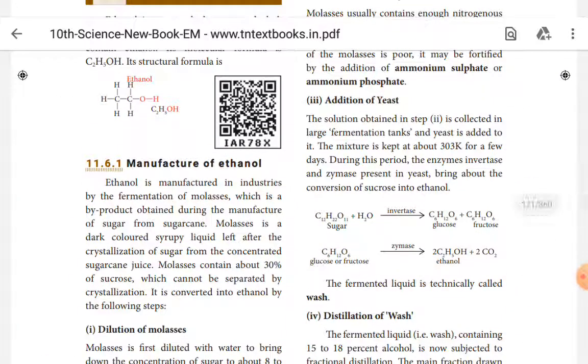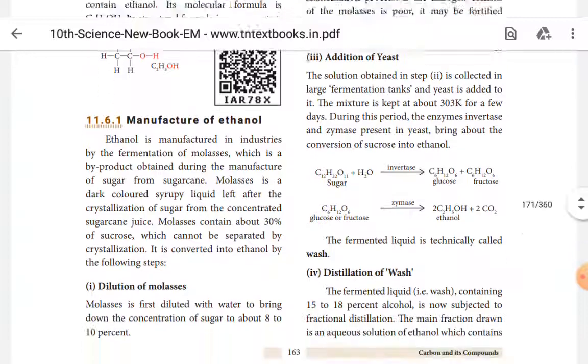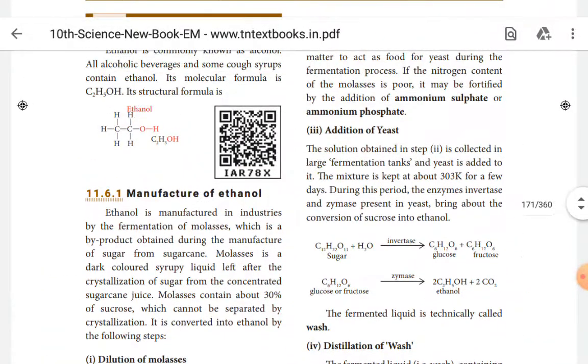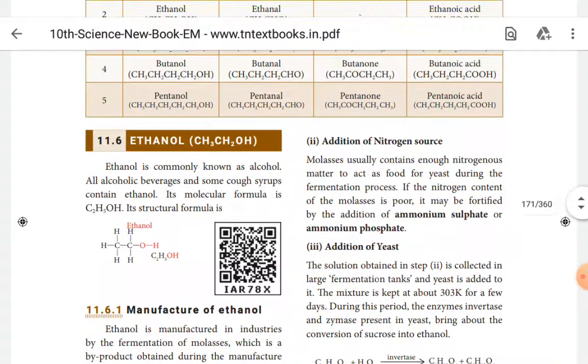First you should know the structural formula, what is called fermentation, what is sugar molasses, what is the sucrose content of sugar molasses, then dilution, converting 30% into 8 to 10% by the addition of water, then addition of nitrogen sources.